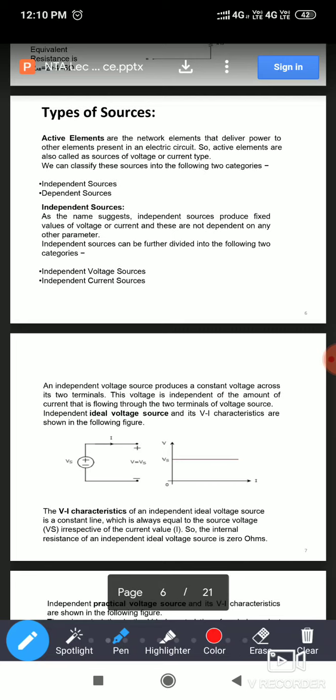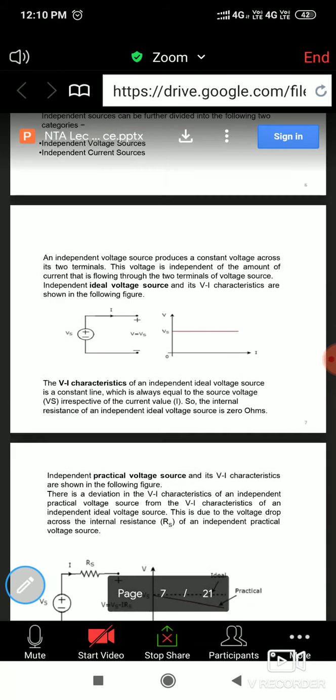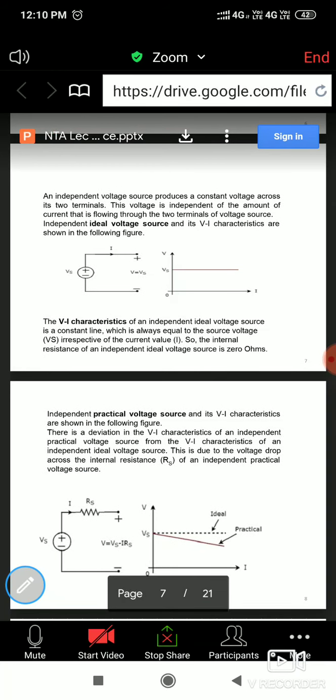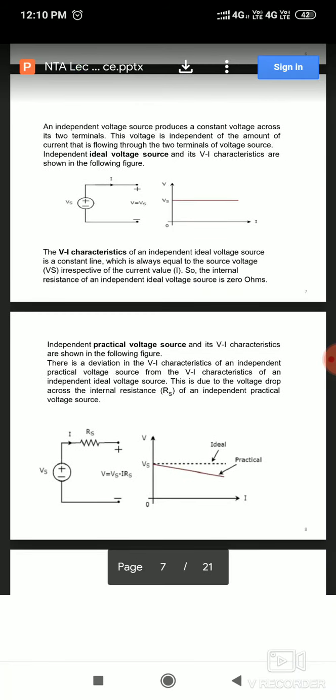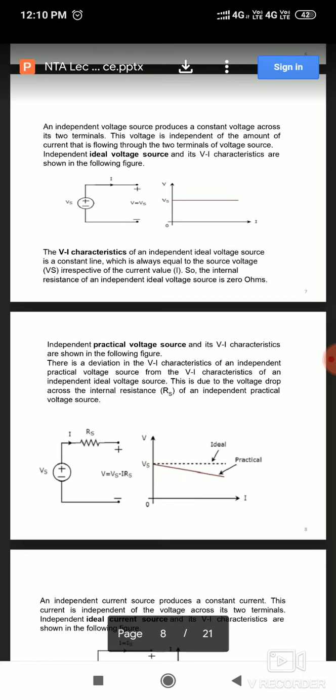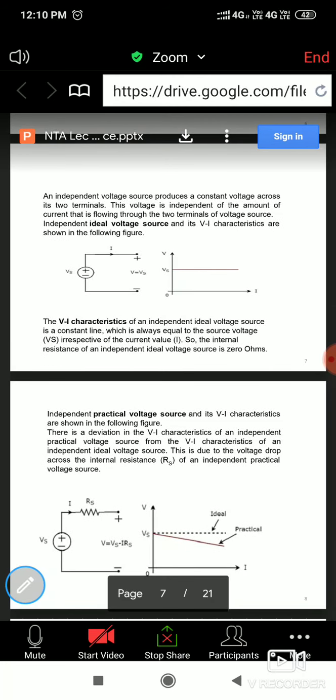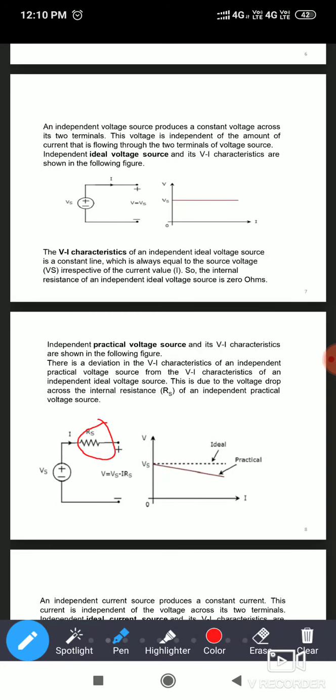Now after that we have seen the difference between practical voltage source and ideal voltage source. In a practical voltage source, some voltage will drop across the resistor Rs. Each practical voltage source has its own internal resistance, denoted by Rs.